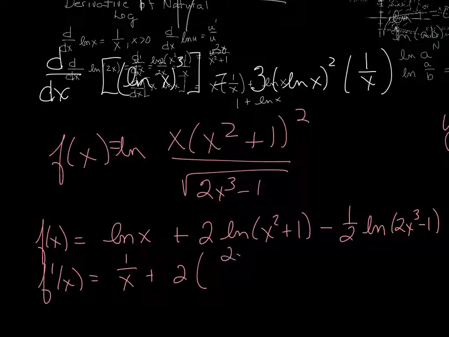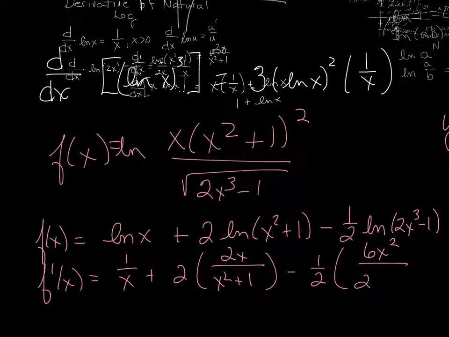2x over x squared plus 1 minus 1/2. What goes in the numerator? 6x squared over 2x cubed minus 1.